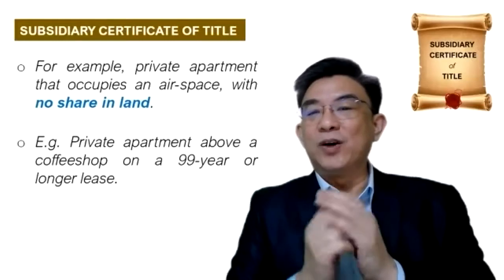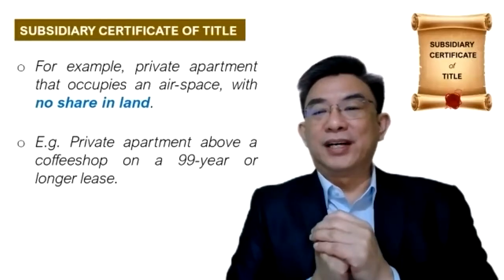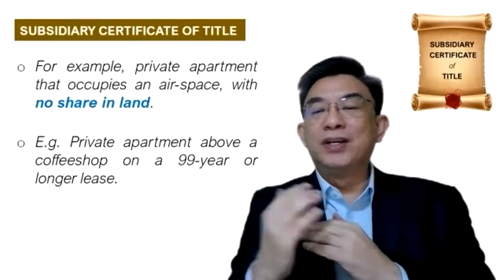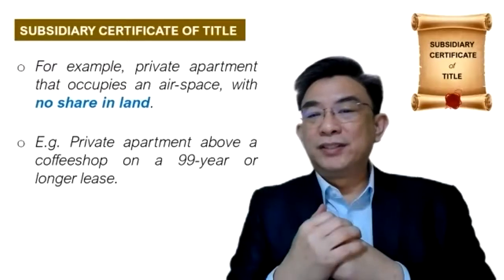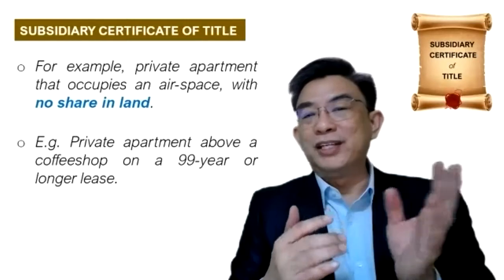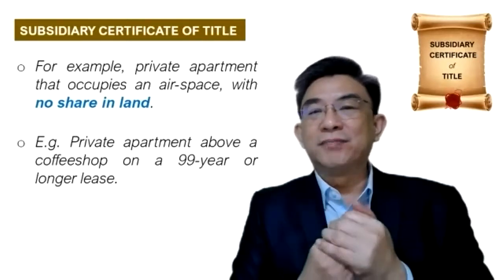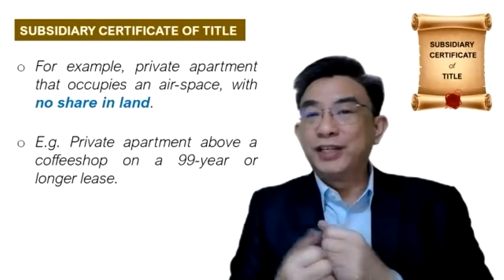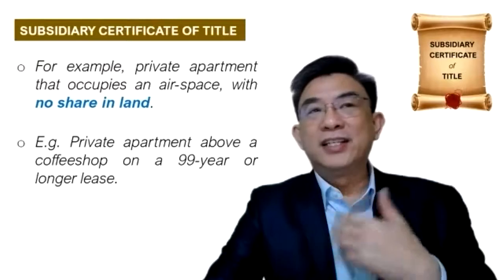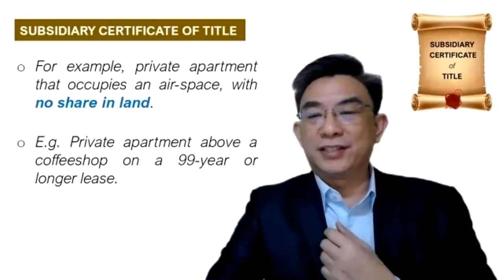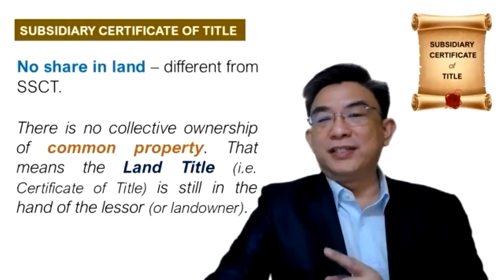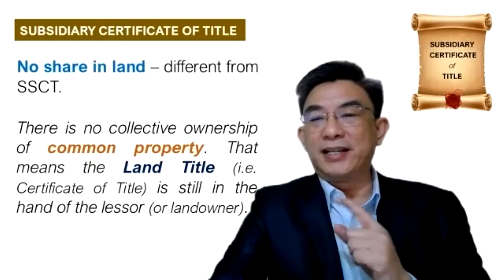You become the owner. So I have here that somebody rented a private apartment on top of a coffee shop for 99 years. Usually they'll do it in the 1960s, so by now they would have 30-over years remaining on the lease. No share in land. That is the main difference between SCT and SSCT.